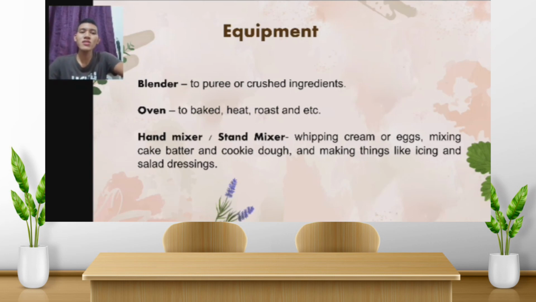The function is whipping cream or eggs, mixing cake batter and cookie dough, and making things like icing and salad dressing. The main purpose of the hand mixer is whipping cream or making icing, while the primary function of the stand mixer is to make bread dough or cookie dough. Okay?